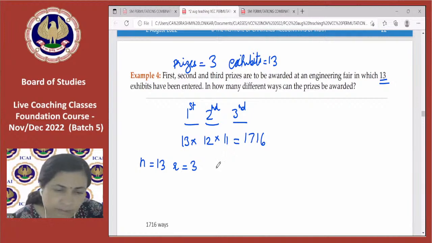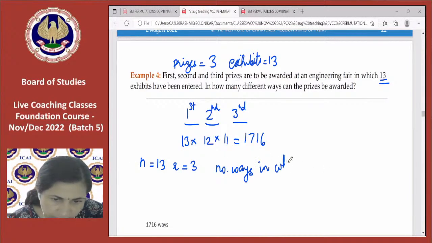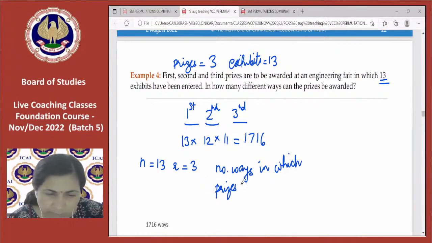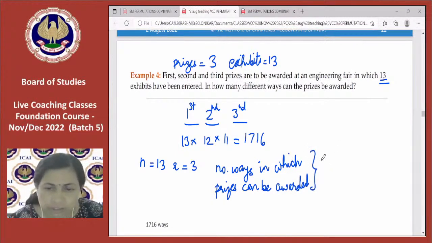So, the number of ways in which prizes can be awarded is equal to 13P3.